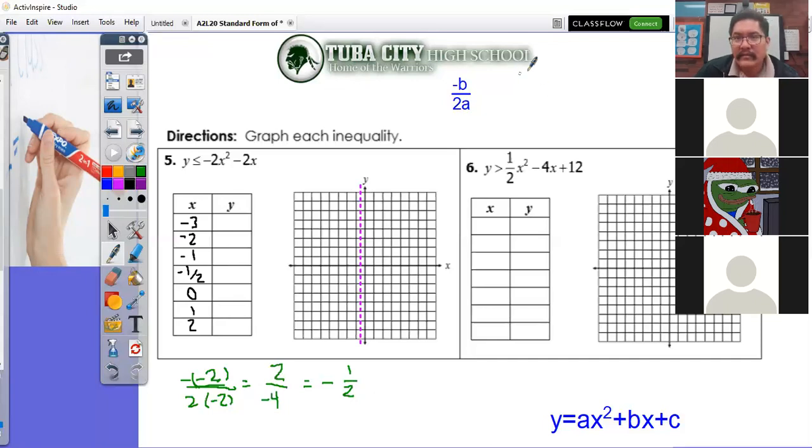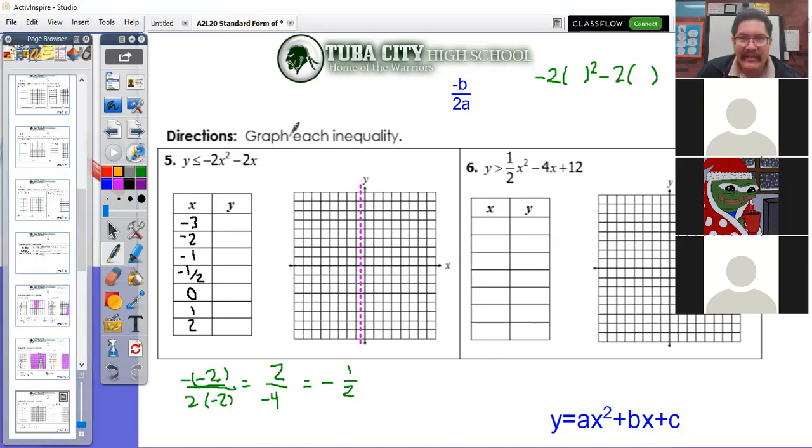So negative 2x squared minus 2x. And we don't have any other number, so we're just going to leave it at that. So plug in negative 3. And now we're going to have to evaluate it.